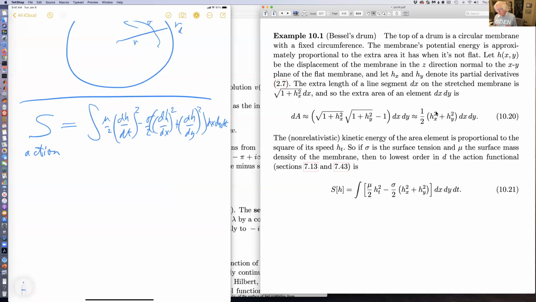And what is in classical physics simply magic, or it's a miracle, or the will of God, whatever you want to call it. That magic is that if we set the first order variation of the action equal to 0, then we get the equations of motion.